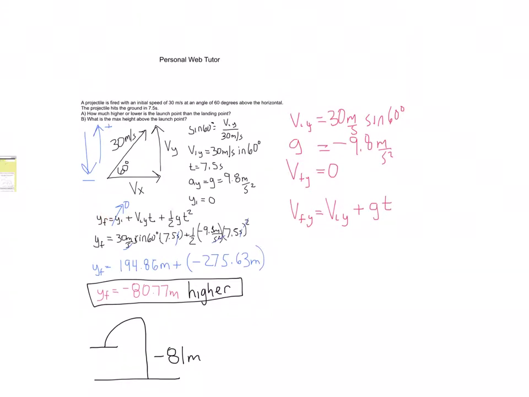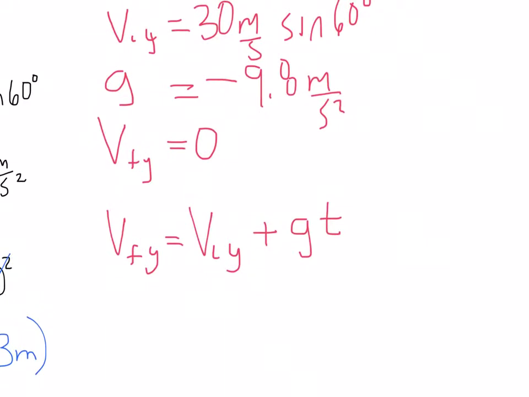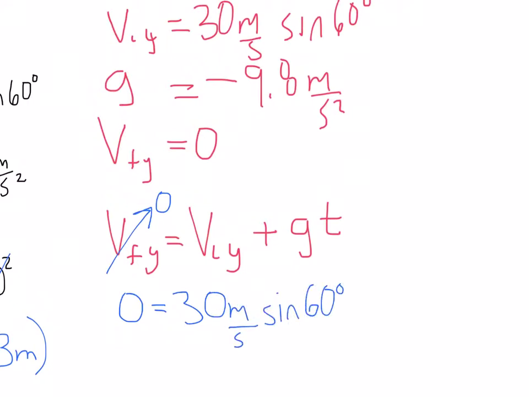So let's do it. Let's solve for t. So the final velocity, we know that's 0. So we got 0 is equal to 30 meters per second sine of 60 degrees. And we're going to say up is still positive, down is negative, so it's going to be minus 9.8 meters per second squared t.